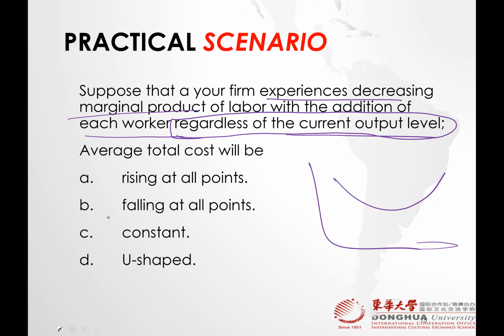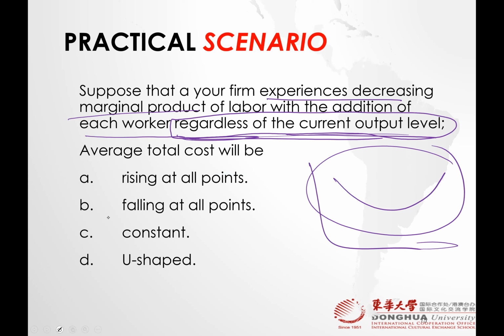Regardless of the current output level, you are hiring people. So no matter where you are, average total cost is a U-shaped curve.